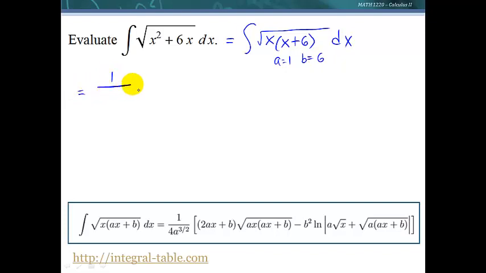So this is going to equal 1 over 4. A was 1 to the 3 halves, and then we have multiplied by 2.